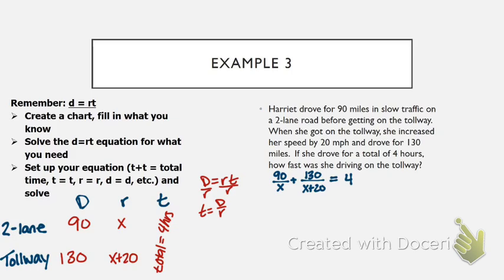Just like on the first example, we cannot cross multiply here, so we've got to find our LCD. My LCD here is x and x plus 20. It's both things. So x and x plus 20 are going to go on top of every fraction.